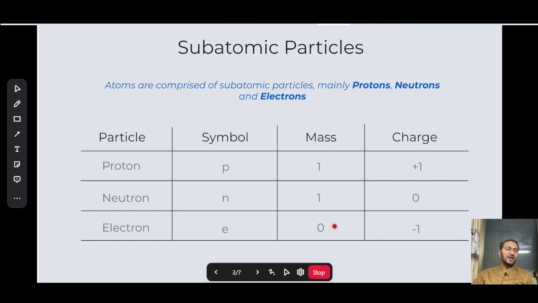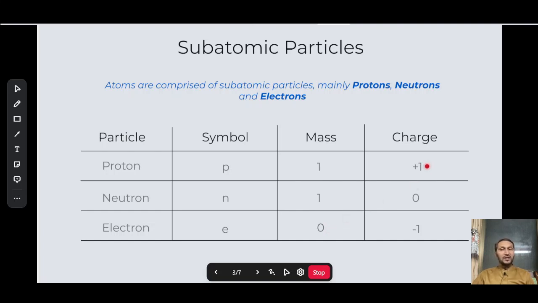Remember, at this point I would like to make it clear that protons and neutrons are the two particles which have some mass. Relative mass of proton is 1 and the relative mass of neutron is 1, whereas electron has no mass. Its mass is so small that we can say that it is negligible, we can say that it is 0.